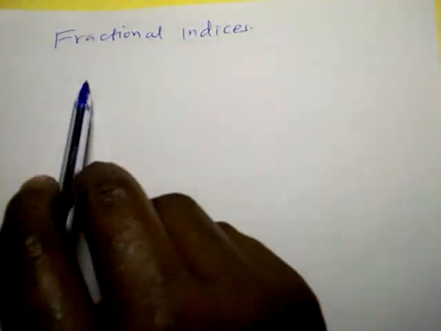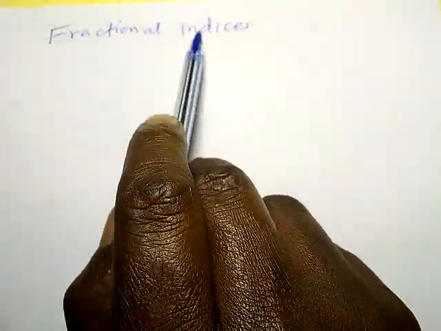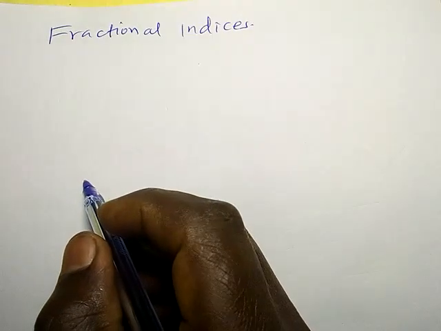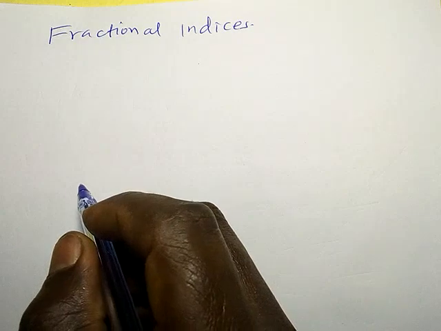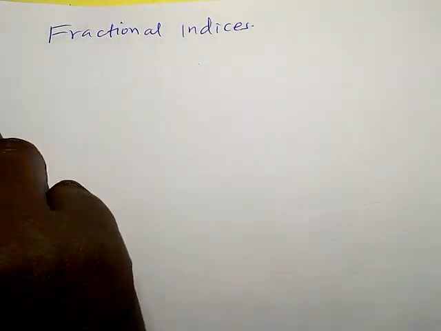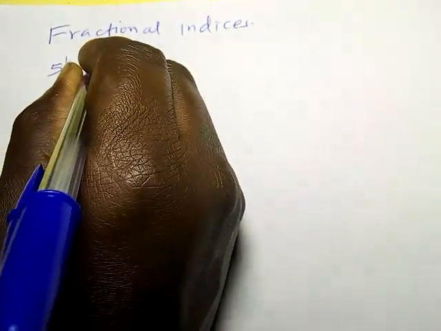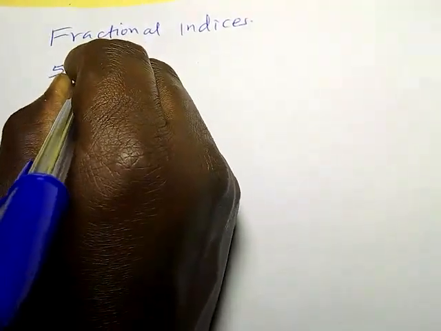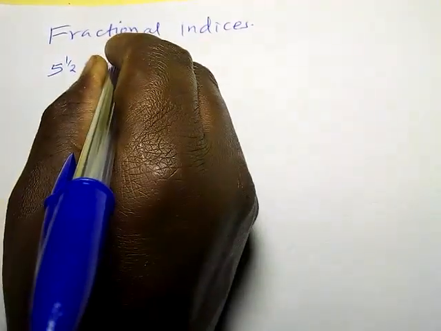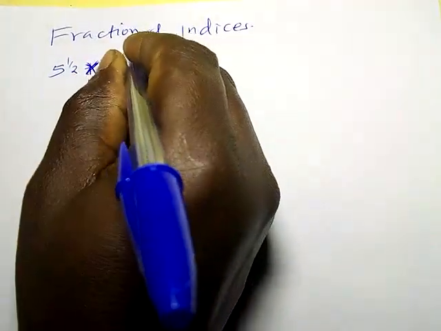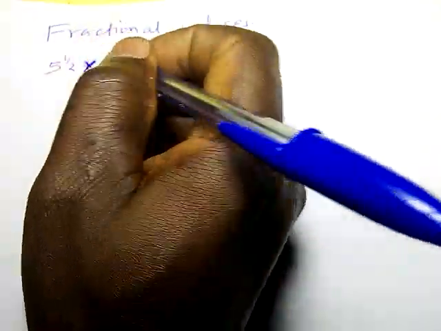Next one we are looking at fractional indices, the fractions of indices. The rules, the laws apply the same. For example, if I have 5 raised to power a half times 5 raised to power a half, the power is a fraction.